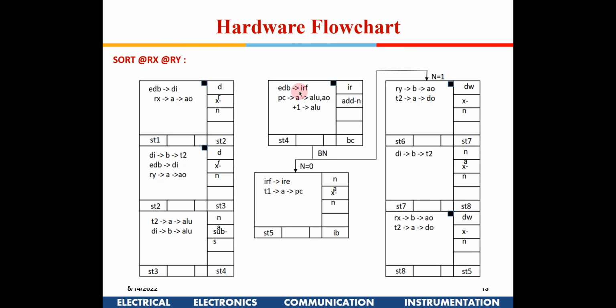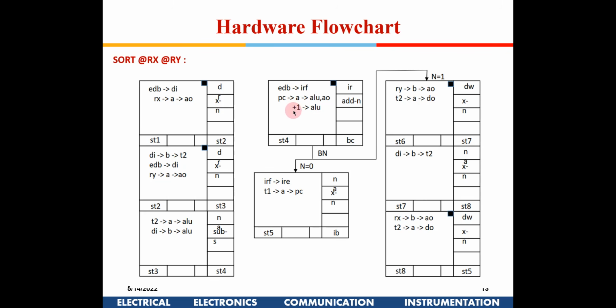If you see here, EDB. Now the value of the program counter is put into the ALU and address out bus bar. Since it is put into the address bus, the data from the memory would come to EDB and it will be stored into the IRF, the instruction fetch register.